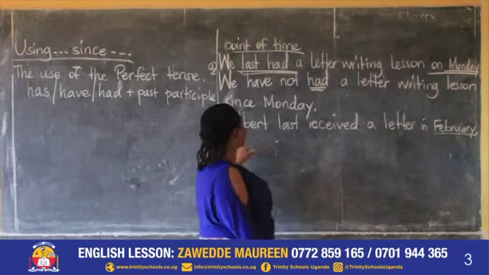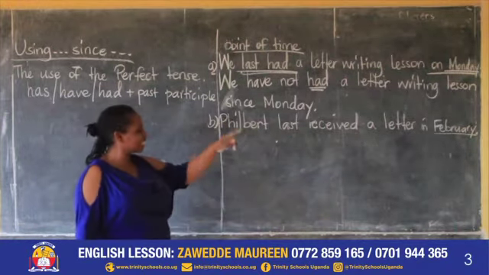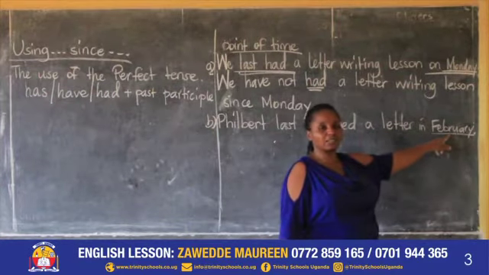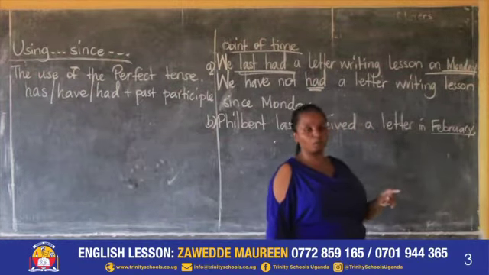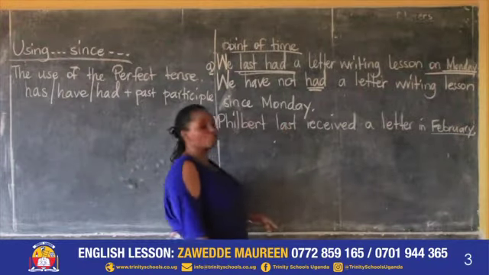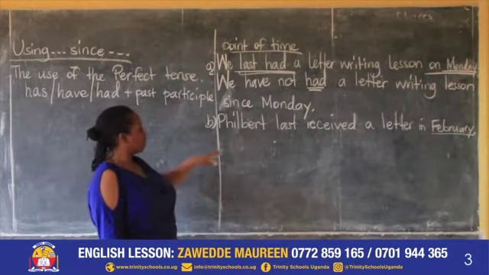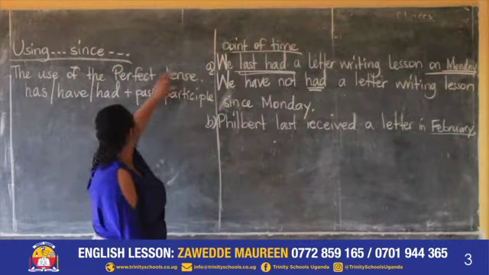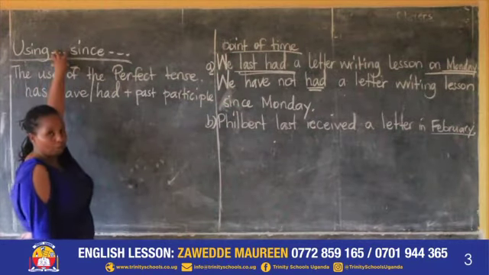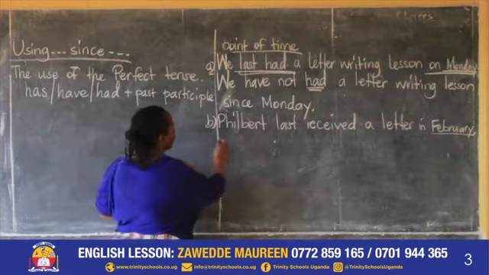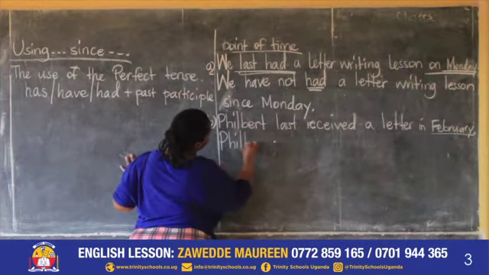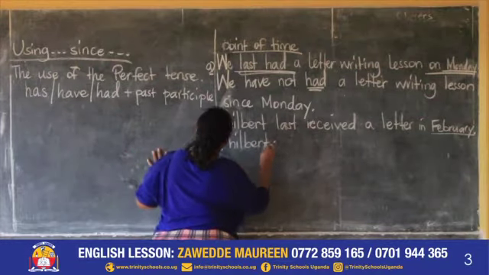What does this statement mean? That since this time of February, this point of time of February, Philbert has not received a letter. But we have not yet discussed beginning with since. Let us concentrate on since in the middle. So here we say Philbert has not.